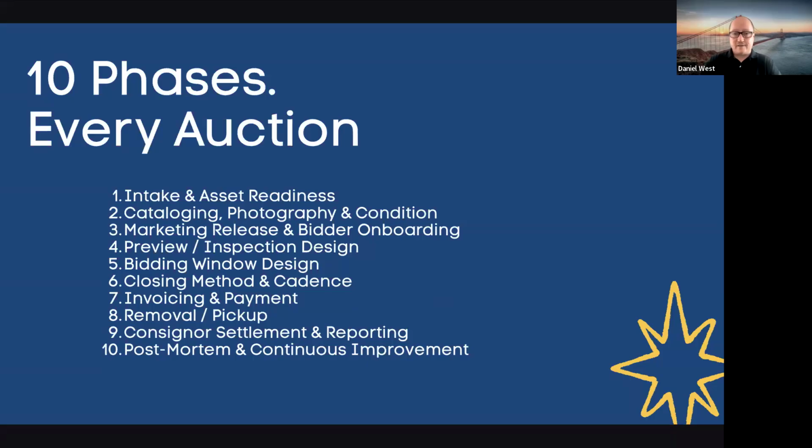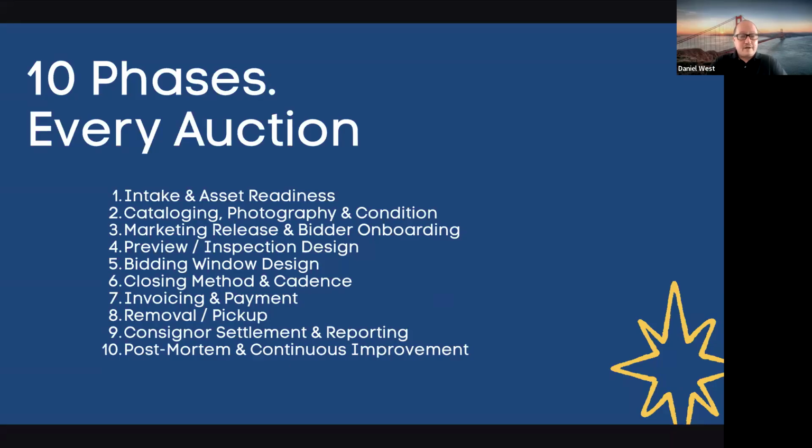So the intake and asset readiness, that just means getting the assets for sale, making sure that the consignor contracts are properly signed, you know who the consignors are, all of that. And then, of course, you have the cataloging process where you've got to take the pictures and get the condition of the items and describe them in great detail and get that data inputted into the system.